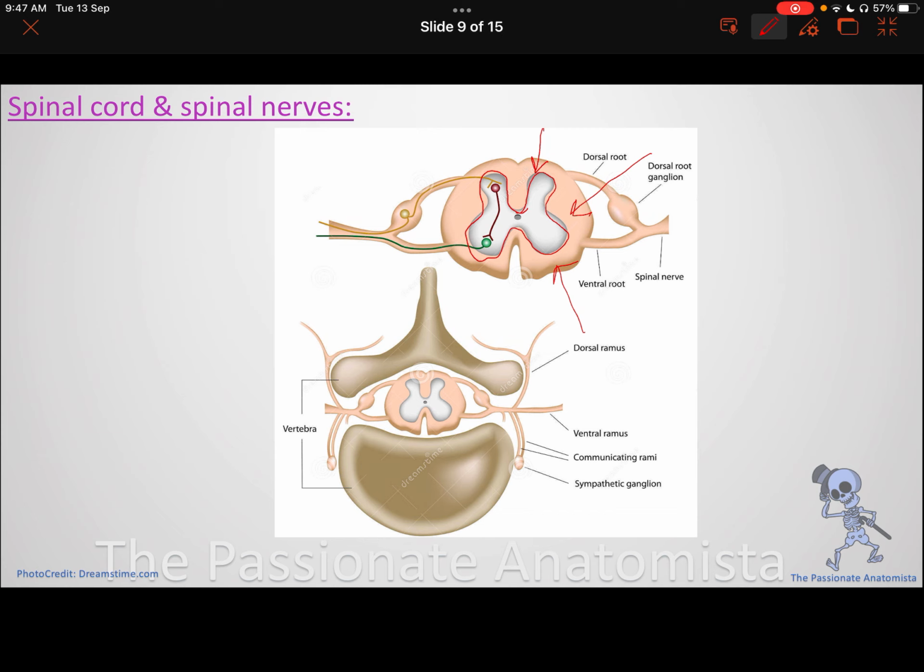You know that dorsal or posterior is the sensory part, and the ventral root is your motor. So anything that happens posteriorly is going to be sensory, anything that happens anteriorly is going to be motor, and more or less things happening in the lateral aspects are going to be autonomic.